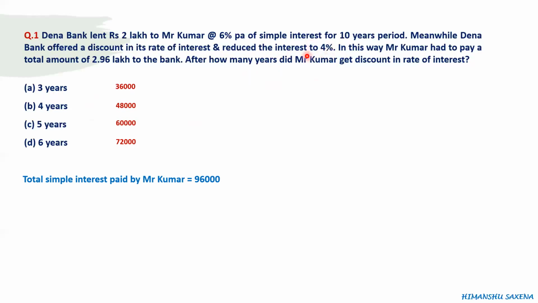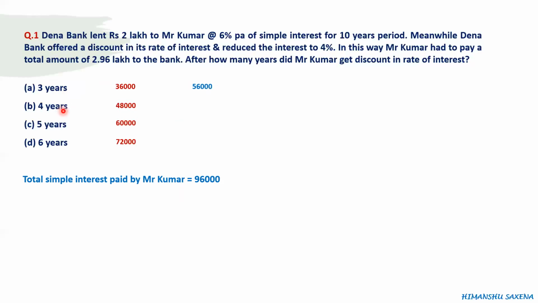An interest rate of 4% on 2 lakh in 1 year would result in 8,000 rupees. So in 7 years, because 10 minus 3 is the remaining period, he would be paying 8,000 into 7, 56,000 rupees.